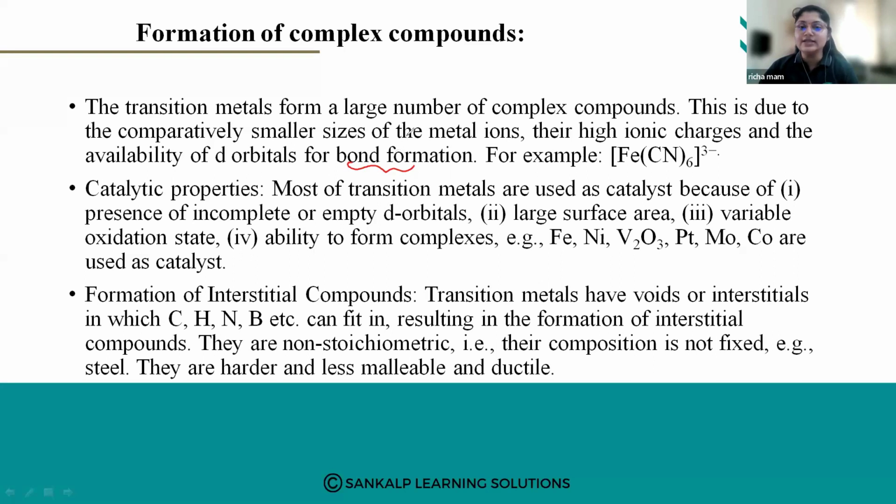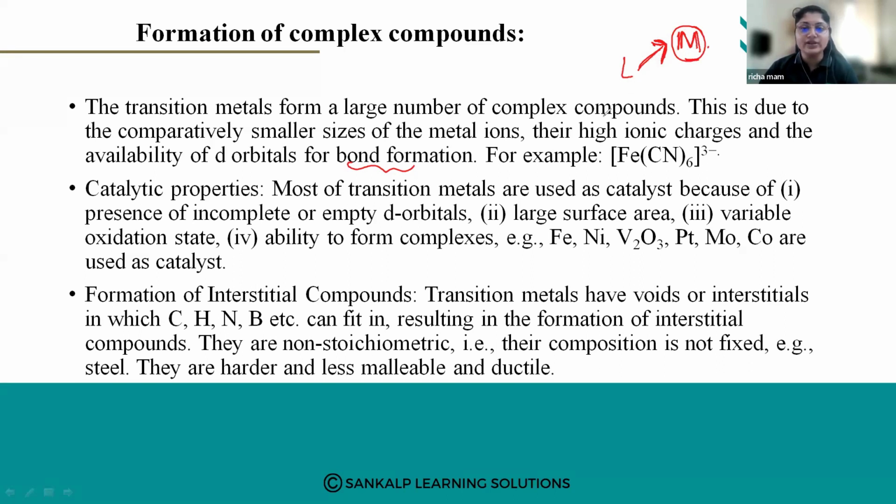The d orbitals of the central metal in transition metals are empty, so whatever pair of electrons the ligands donate, they can accept it, and thus it forms a stable complex ion.